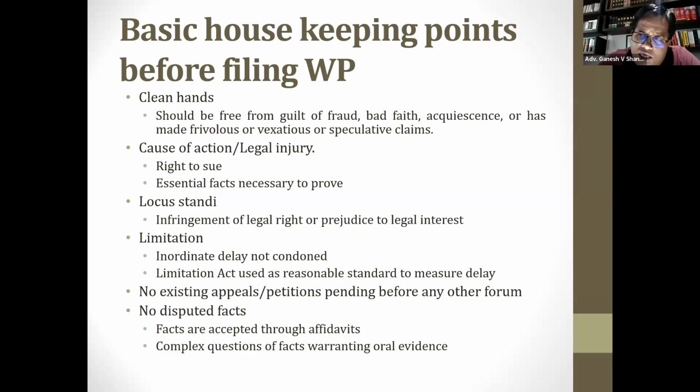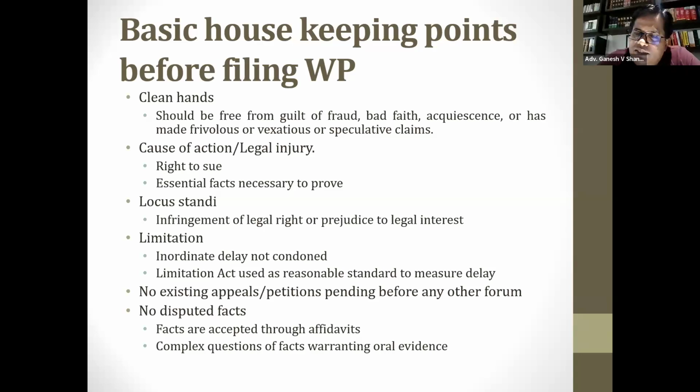If you are approaching the High Court, you need to give a disclaimer or undertaking in the petition itself that for this cause and issue, you have not filed any appeal or application before any other authority, and that it is not pending anywhere. This is the Honorable High Court where only I am approaching; there is no other pending matter. So if you have a pending matter in the tribunal, you should not approach the High Court. Having already gone to the tribunal, you need to wait for the tribunal to dispose of the matter, and only then go to the High Court.